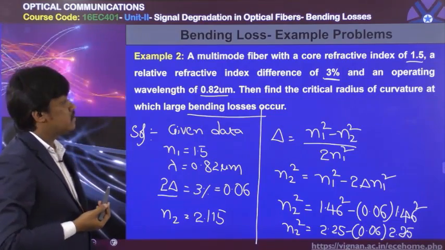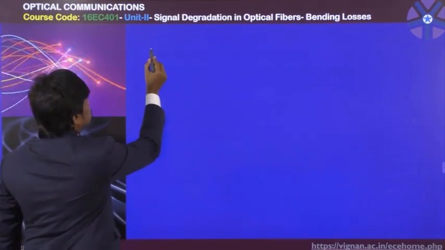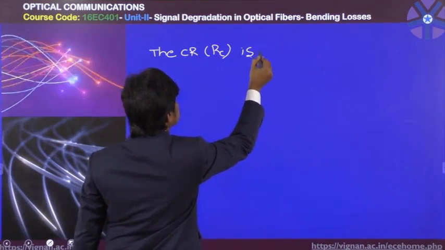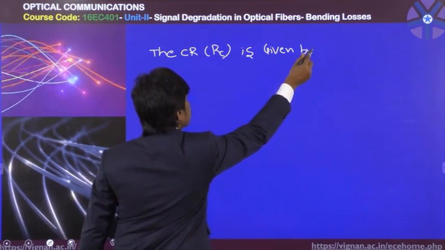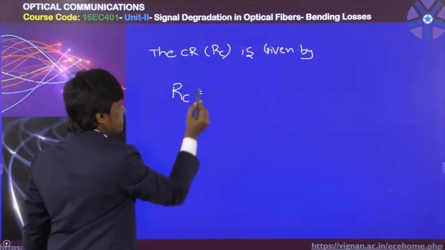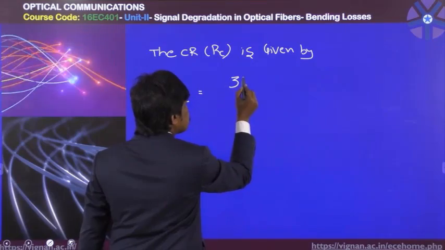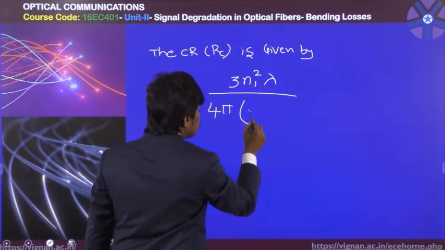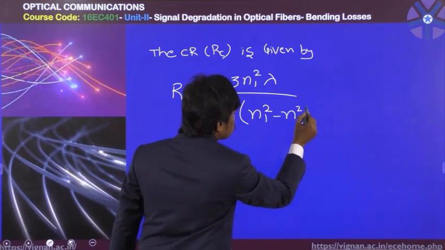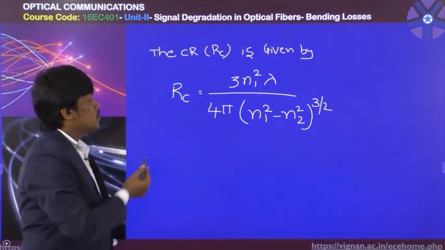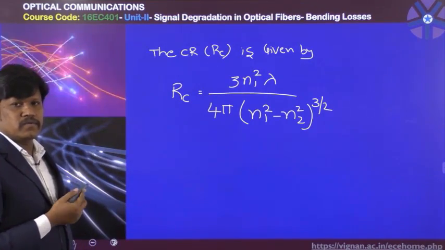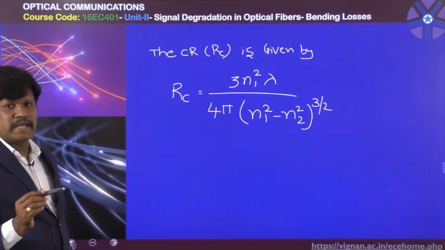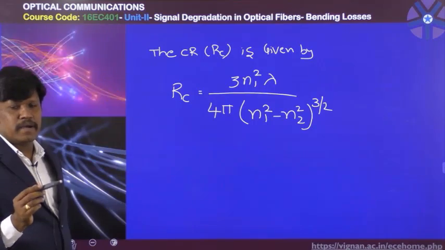We need to find RC. The critical radius of curvature is given by RC equal to 3 n1 square lambda by 4 pi into (n1 square minus n2 square) whole power 3 by 2.